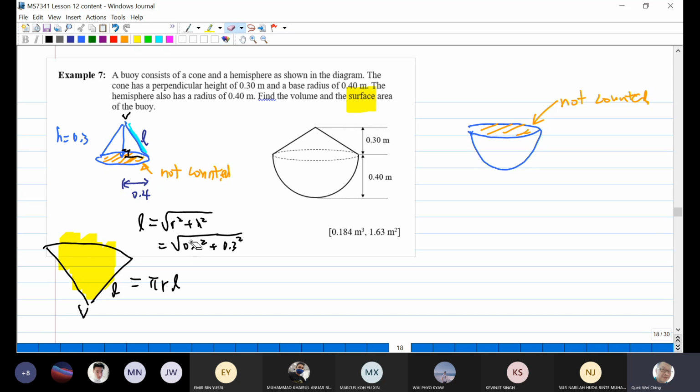This is 0.16 plus 0.09. Then take the square root, the answer is 0.5.